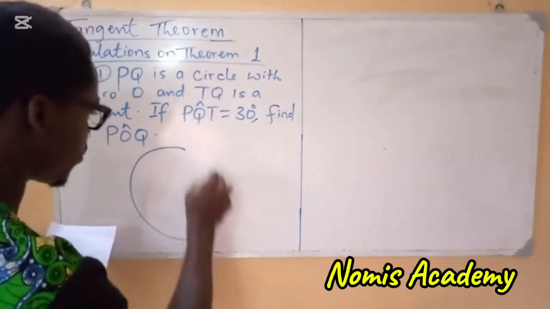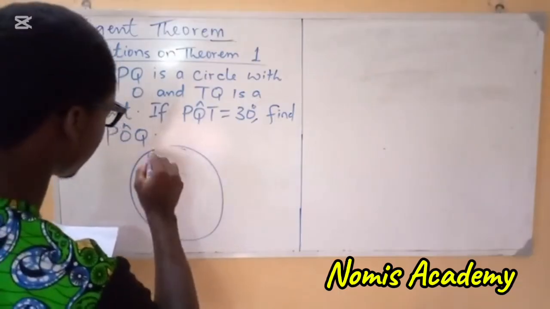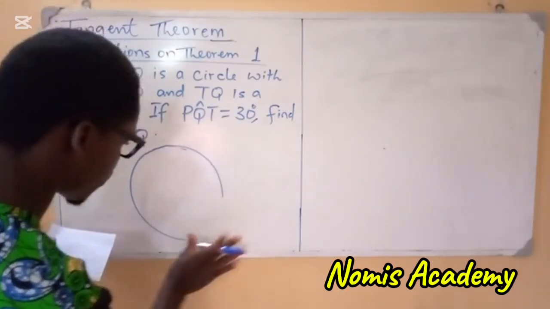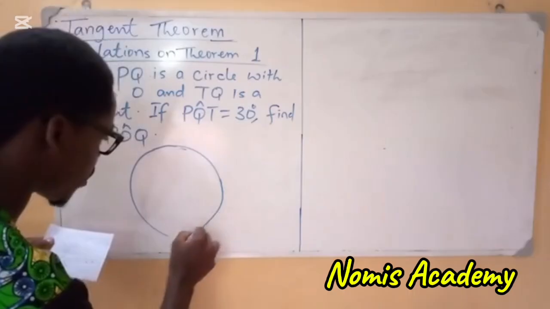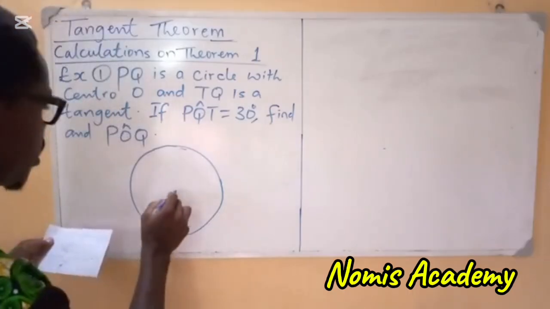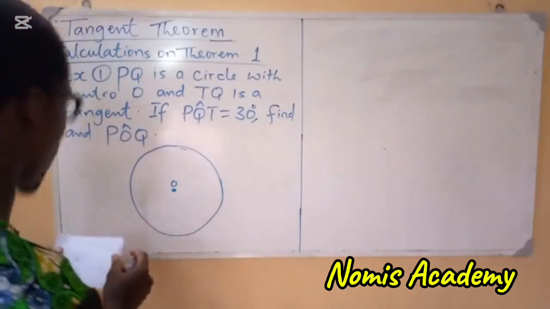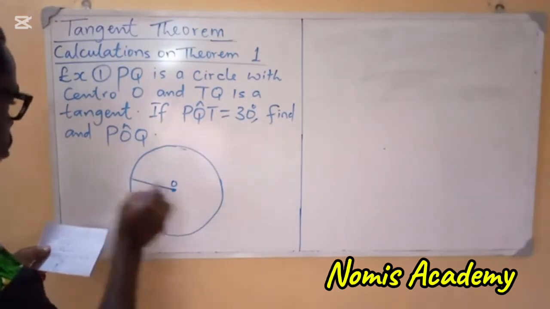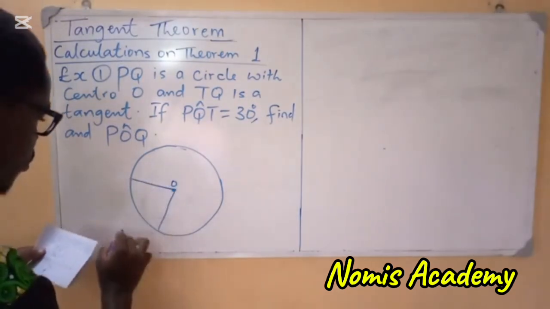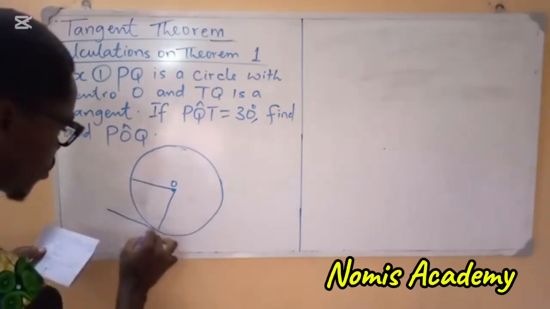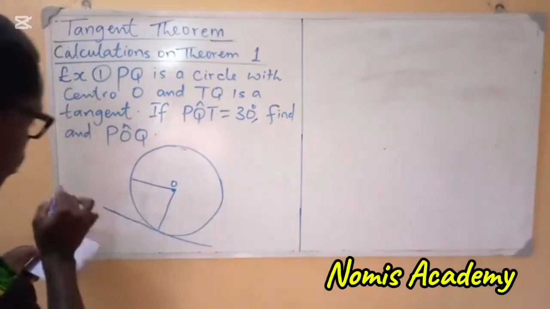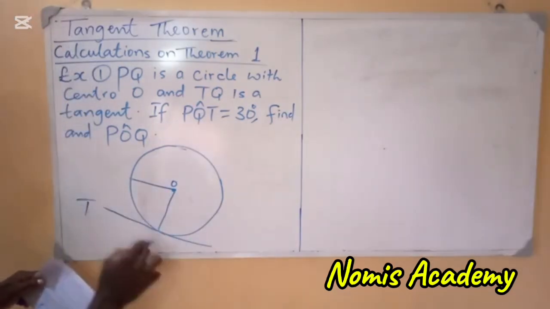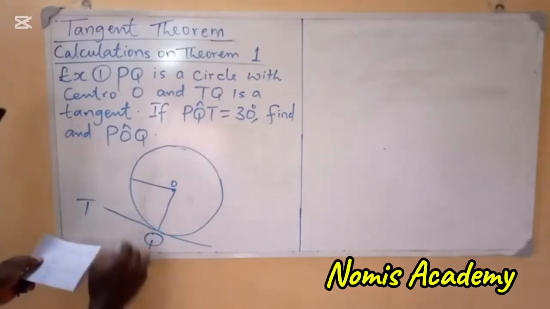Here is the diagram, and this is the center O. So this is TQ according to the question.